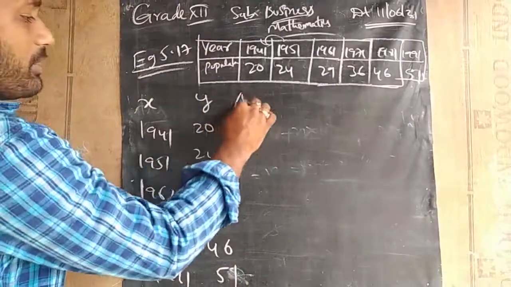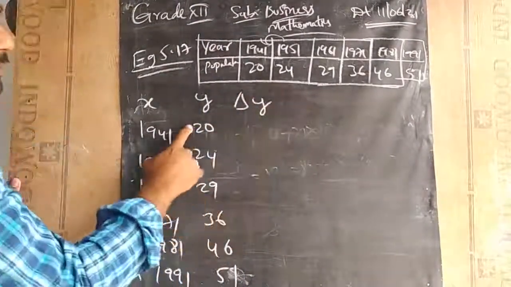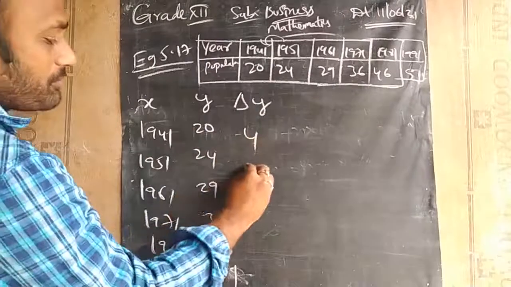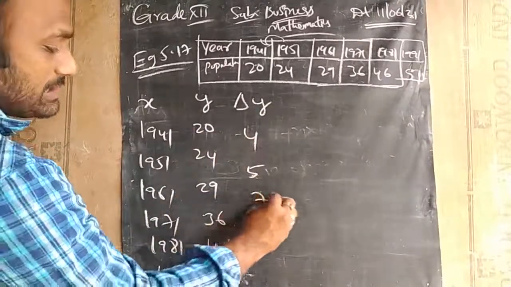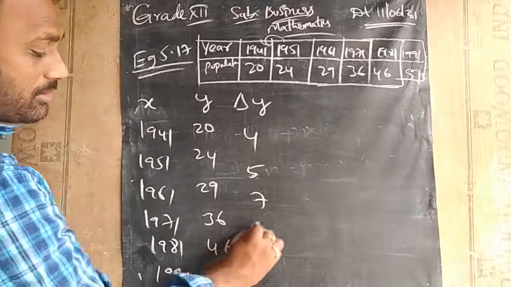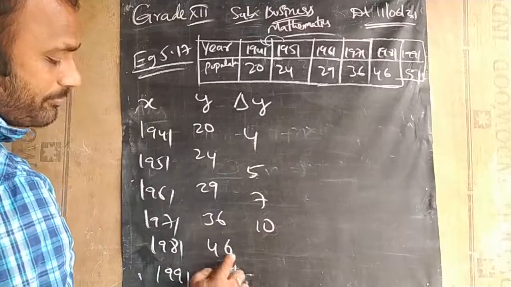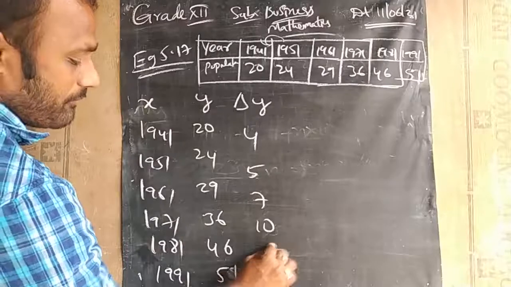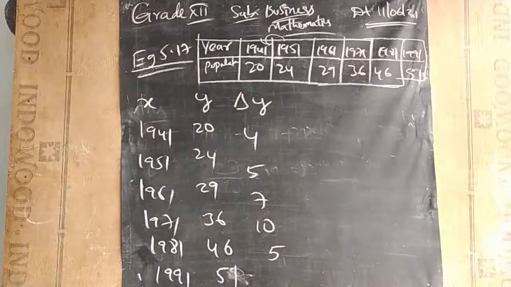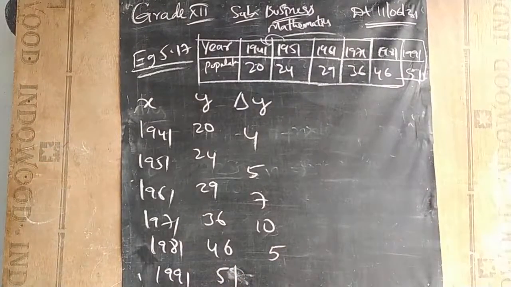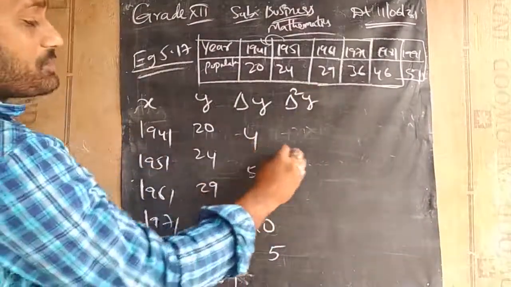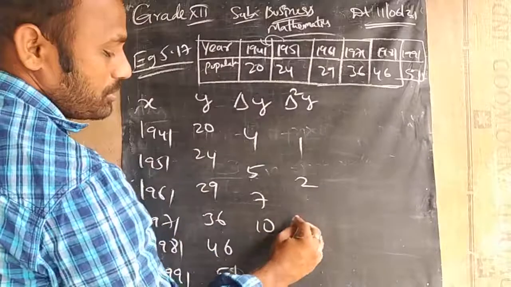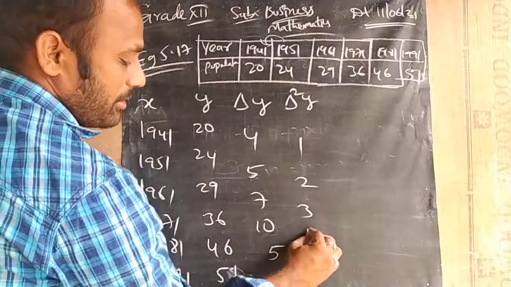So change in y: 24 minus 20, it will be 4. Here it is 5, 7, 10, 5. Next, delta square y: 5 minus 4 is 1, 2, 3, minus 5.